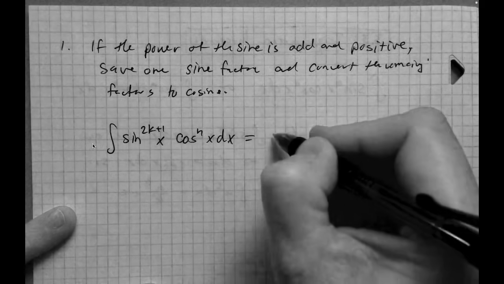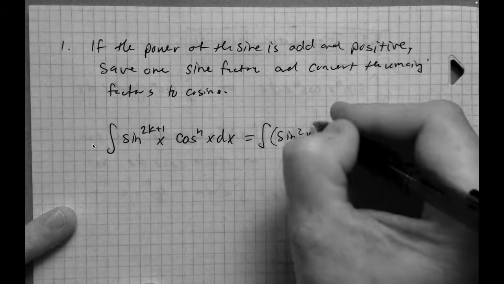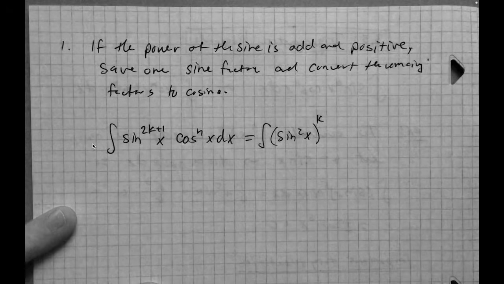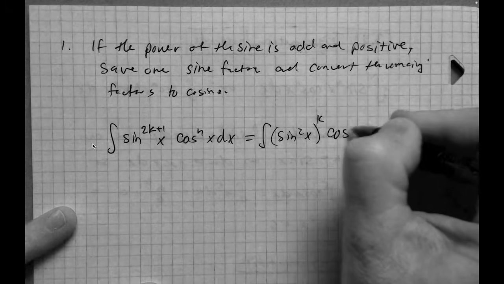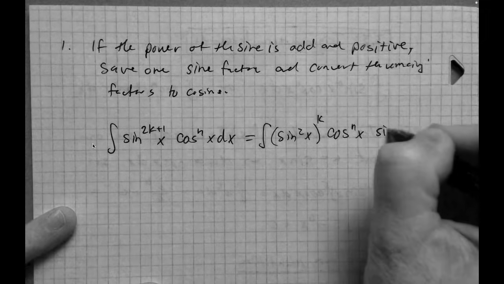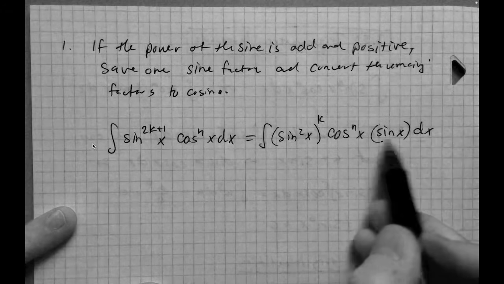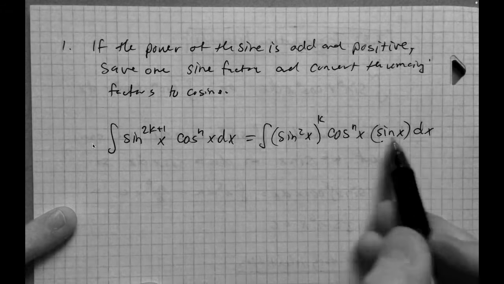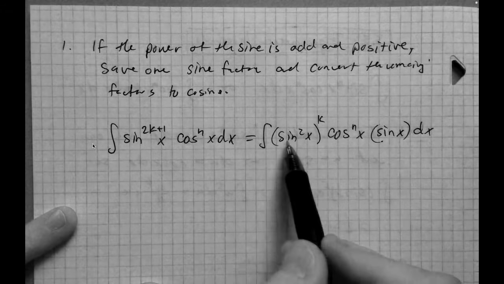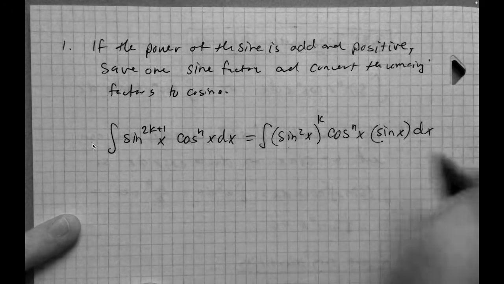So we're going to write this as sine squared x to the k power times the cosine of x to the nth power, and then times the sine of x dx. This piece here is what we're going to retain for our du, and this part we're going to convert to cosine using the Pythagorean identity.